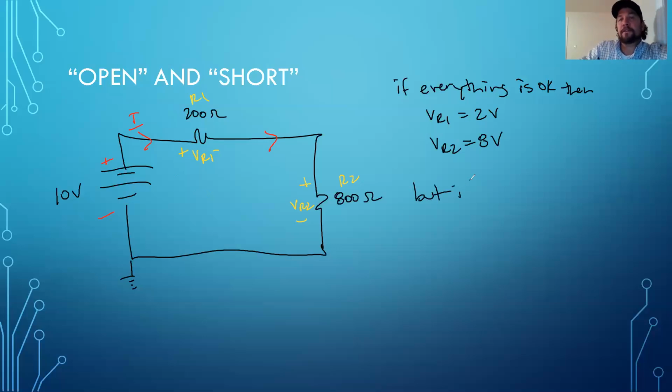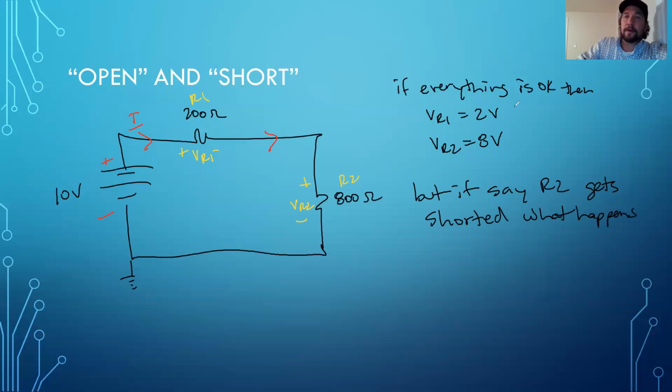But if, say, R2 gets shorted, what happens? Right? So instead, something like this happens.